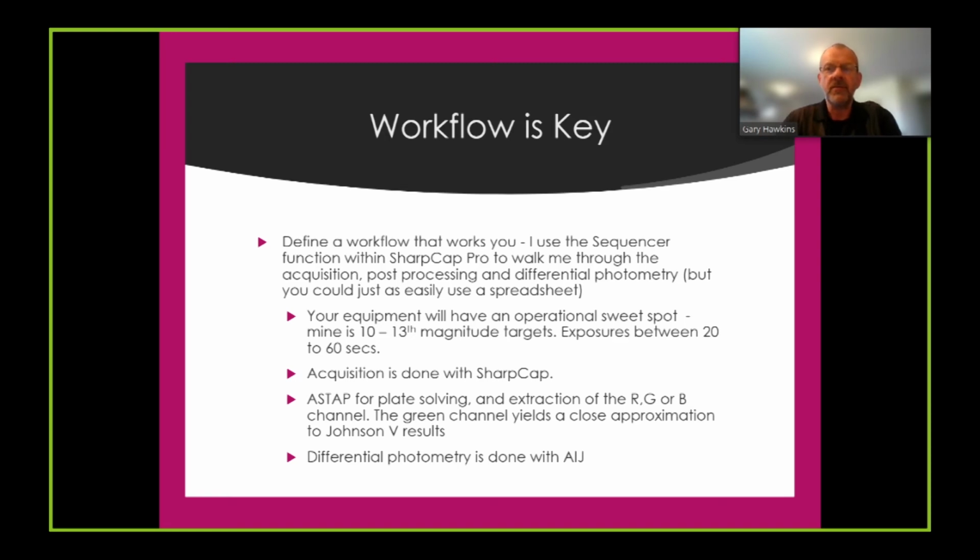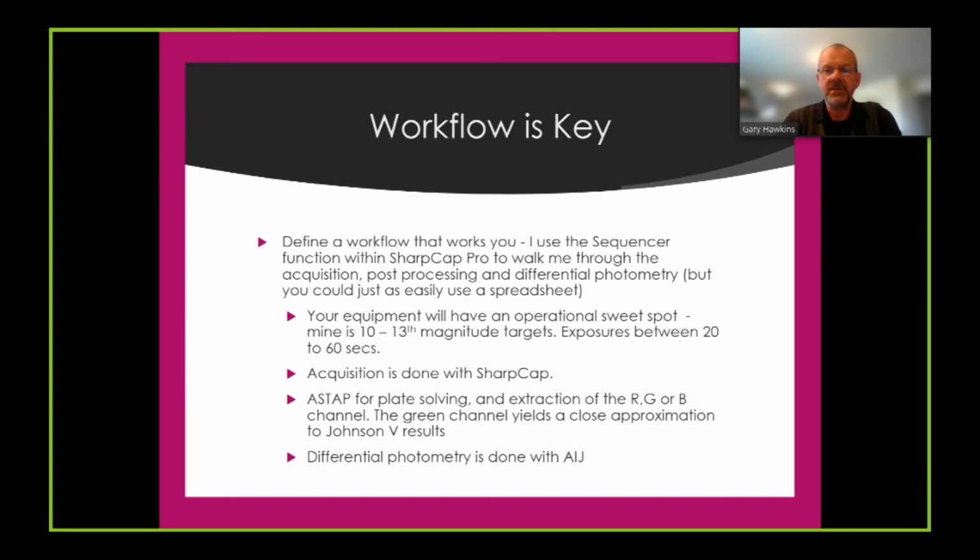I do all of my image acquisition using SharpCap. I do my post-processing using the ASTAP tool that I mentioned earlier on. I use this for both plate solving, that ensures that each image has its WCS coordinates placed in its FITS header. And I also use ASTAP to extract either the red, green, or blue channel for photometric analysis.